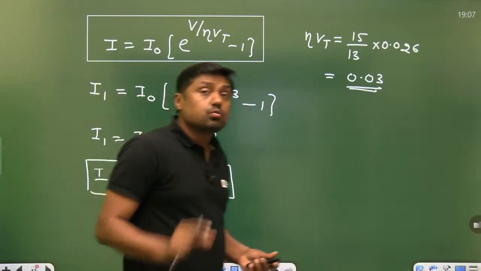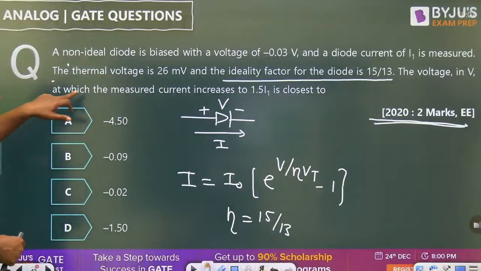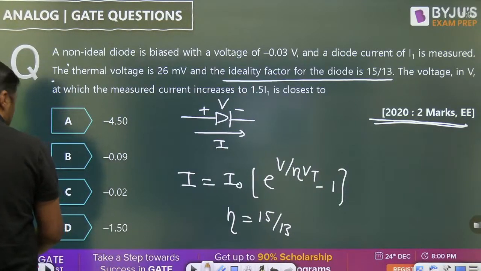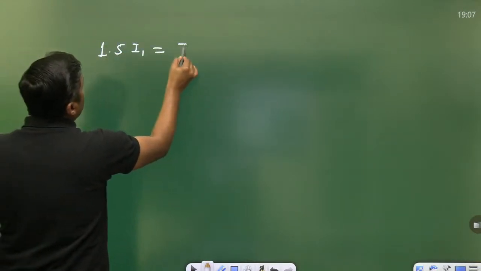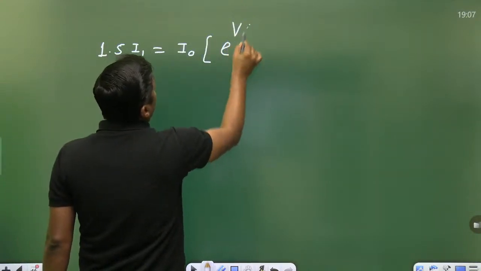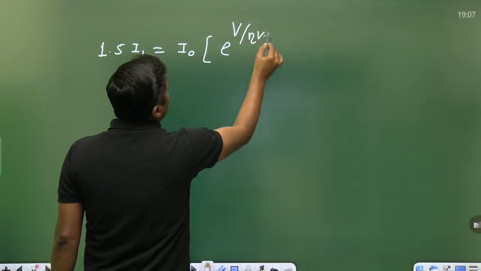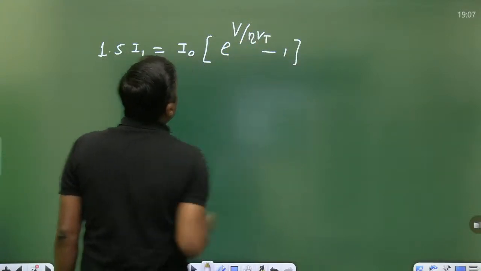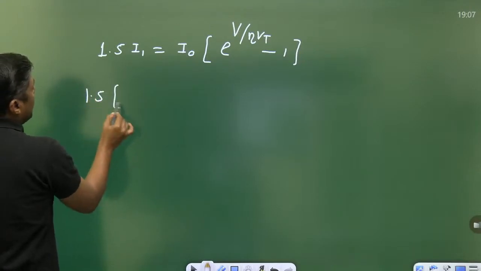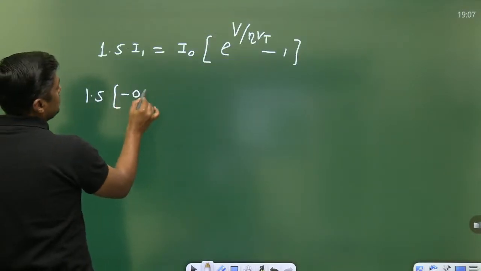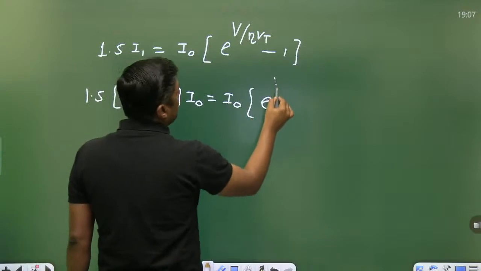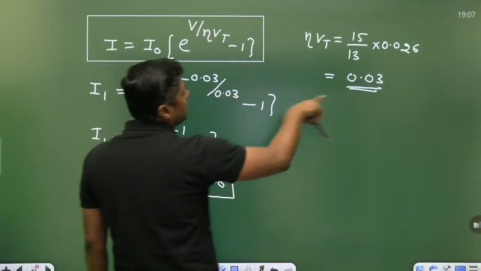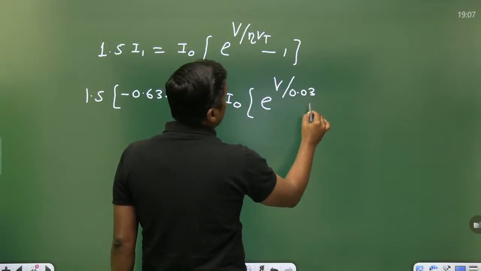Now what is the second case? What is asked here? The voltage in volt at which the measured current increases to 1.5 times of I1. Now the current is 1.5 times of I1 and you have to find out the value of the voltage V. Again you apply the same formula with eta Vt minus 1. Now 1.5 times of I1, what is the value of I1? Minus 0.632 into I0 is equal to I0 e raised to power V by eta Vt, eta Vt is 0.03, minus 1.